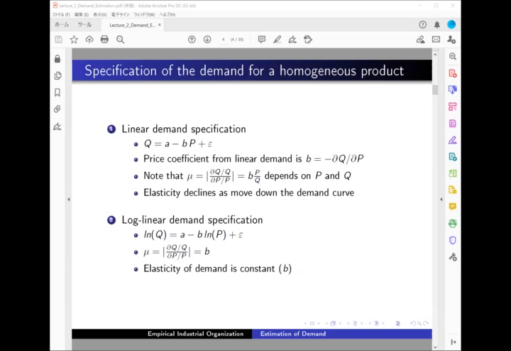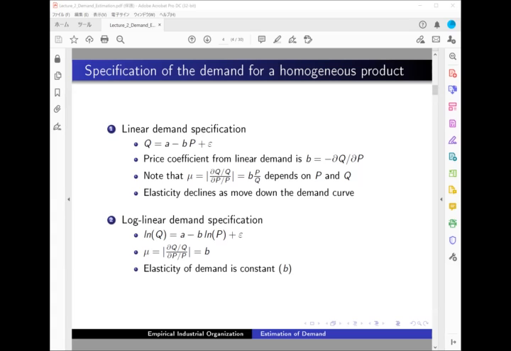Note that own price elasticity under the linear demand specification depends on own price P and quantity Q. In particular, the own price elasticity is increasing in the price and decreasing in the quantity. You should be thinking about whether this property of linear demand function makes sense.